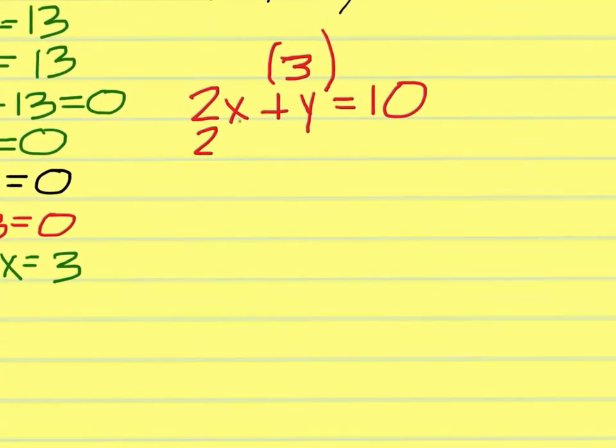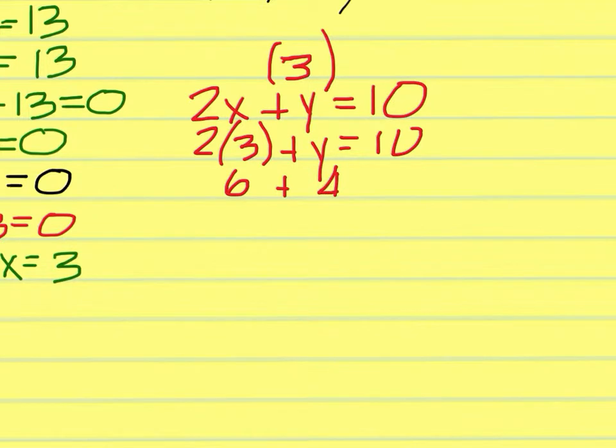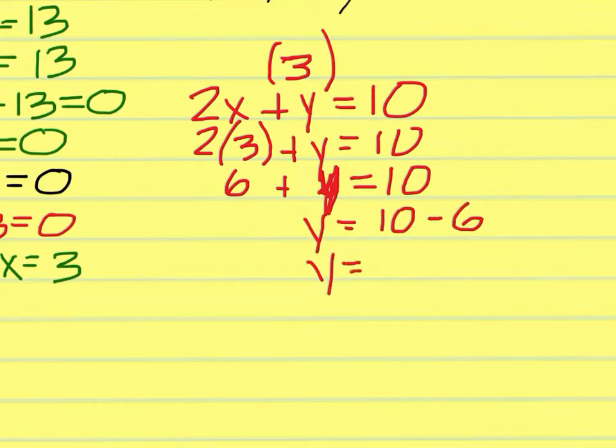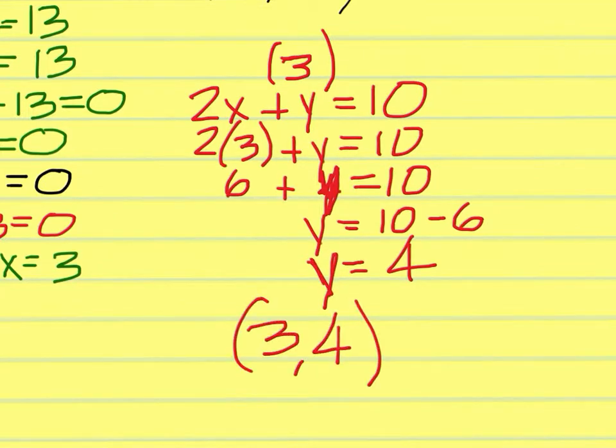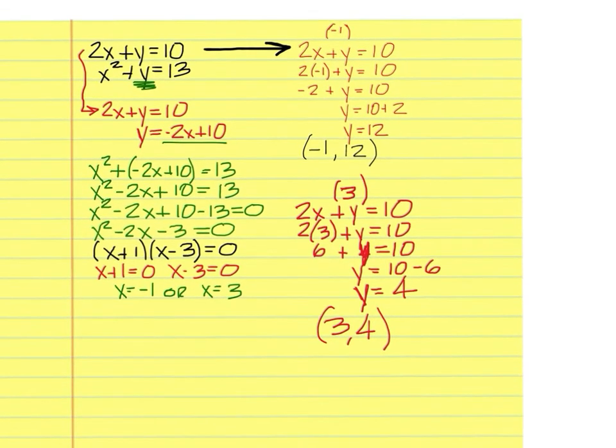So that would be 2 times 3 plus y equals 10. 6 plus y, not 4, but 6 plus y equals 10. Y equals 10 minus 6, so y would be 4. We put in a 3 and got back a 4. So your solutions are negative 1, 12, and 3, 4.